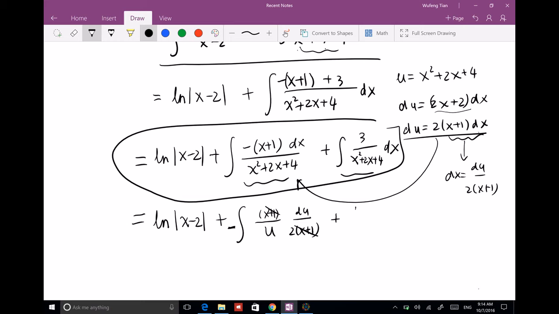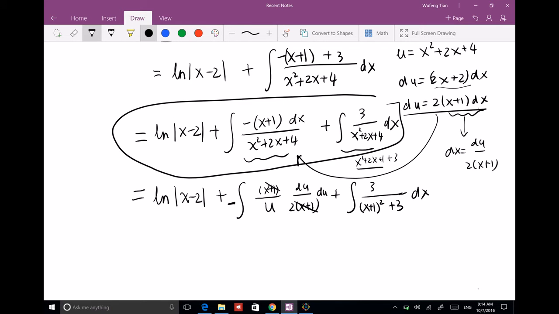And plus this one, we got 3 over x plus 1 squared plus 3. I think I did this one previously. Complete the square, add the 3 here. So you can just write this as x squared plus 2x plus 1 plus 3. This is a completed square.